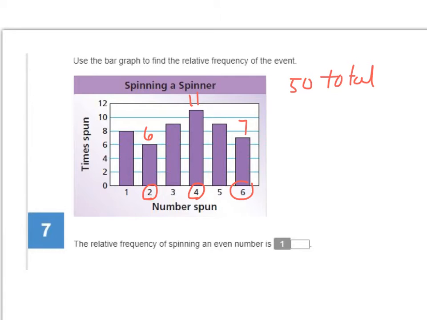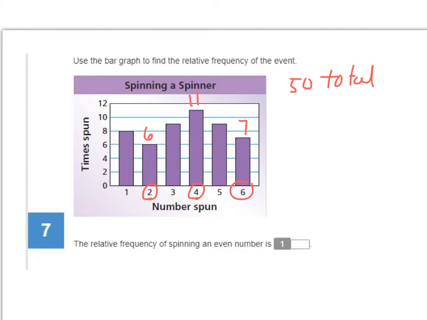All right, for this problem now, the question is, what's the relative frequency of spinning an even number? So it's using the same graph, and the even numbers in the graph would be 2, 4, and 6. So we have to add up the outcomes for the 2, the 4, and the 6.